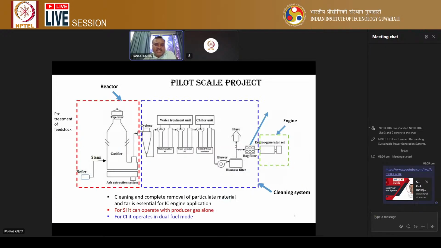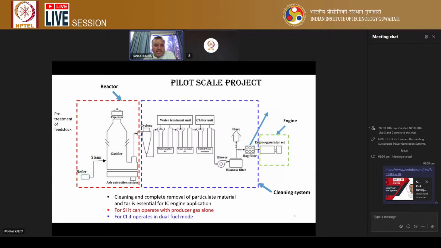As far as a biomass power plant is concerned, we can classify it into three broad categories or segments. One is the reactor, the second is the cleaning system, and the third is energy conversion, that means the engine. So what kind of reactor is required for what capacity?